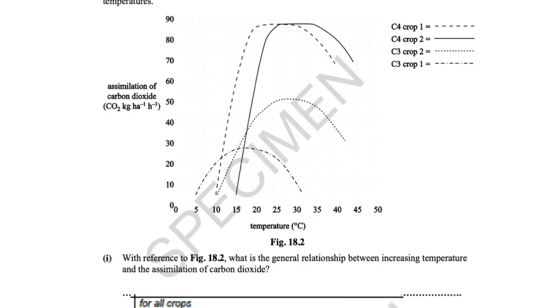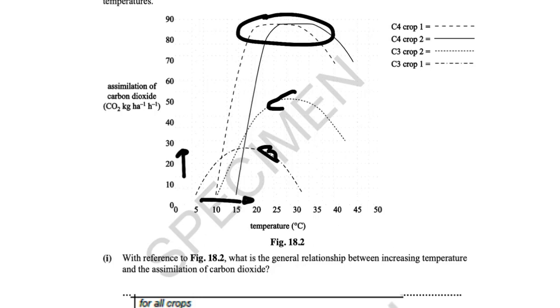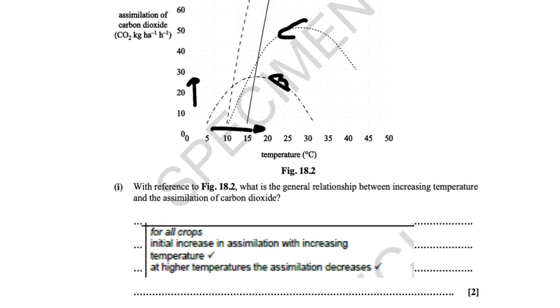And the general trend you can see is that the C3 plants, which are these two here, and this one is C3 as well, assimilate less carbon dioxide than the C4 plants, which are here at higher temperatures. But the general trend is that as you increase the temperature, the assimilation of carbon dioxide also increases. And that's because of the action of rubisco, which is the enzyme in the Calvin cycle.